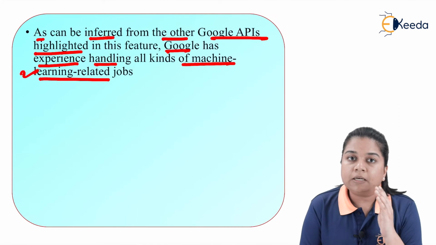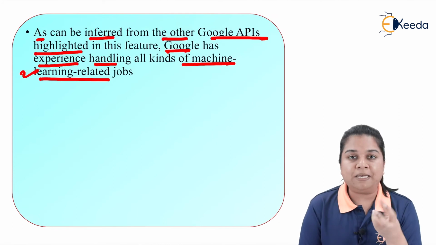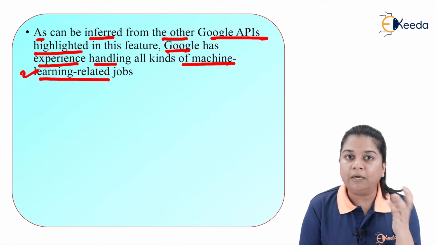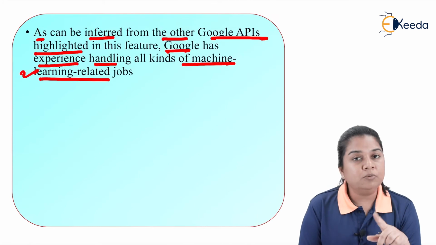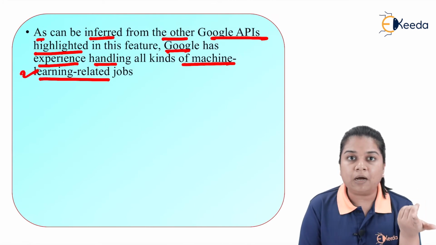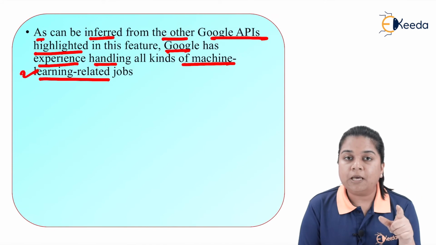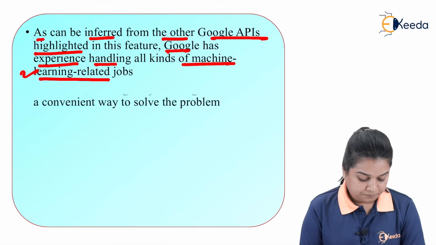Instead, only the common basic features will be provided by Google, and the customized parts relatable only to that particular requirement will be created by the user, and that will be stored in the cloud with the help of this API, so that whenever needed it can be taken, and all these machine learning related jobs will be handled by the cloud.